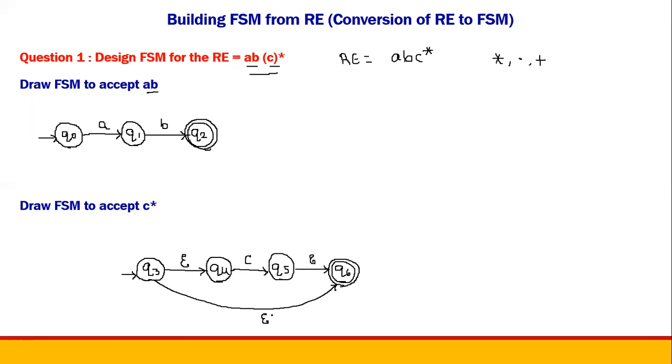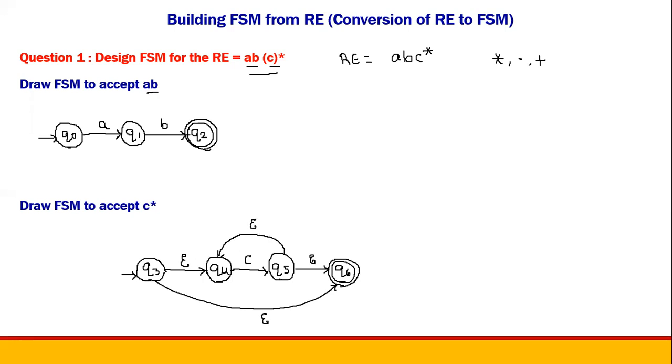So this is for zero occurrences, and this is for one occurrence. But I can read any number of times, correct? Once you read C, it can again go back and read any number of C's. So I should have a loop from Q5 to Q4 upon epsilon.